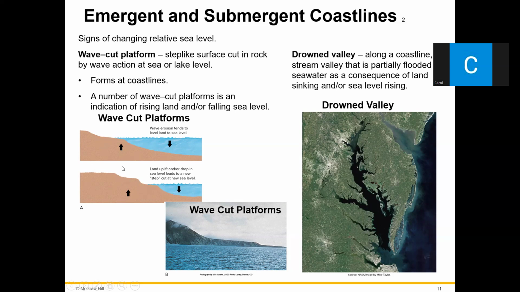So you have to do a little bit more of an investigation to know which case it is. And that's not true for just wave cut platforms, but for a lot of other things that show sea level rise and fall in geology. It could either be from ocean rising, or it could be from tectonics and ground changes.